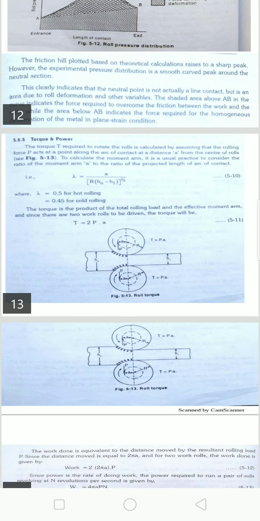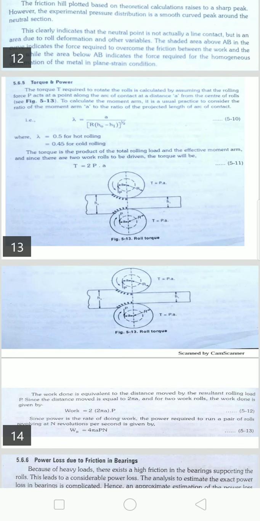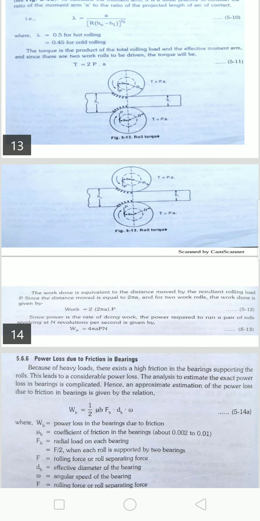To calculate the moment arm, it is usual practice to consider the ratio of the moment arm A to the projected length of arc, given in the equation lambda is equal to A by R into (H0 minus H1) to the power of half, where lambda is 0.5 for hot rolling and 0.45 for cold rolling.